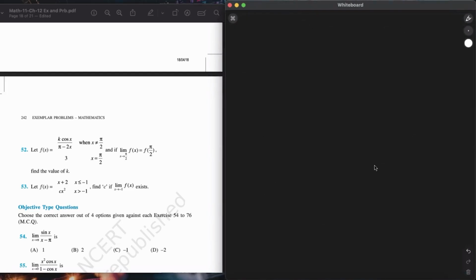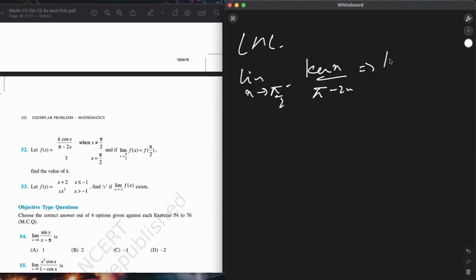So if I just put in the value from the left hand side first, approaching from the left, my limit is x tending to pi by 2 negative of k cos x divided by pi minus 2x. On approaching, I'll just put in the value for the function that has been given. So if it's unequal to pi by 2, then I have to put this value.